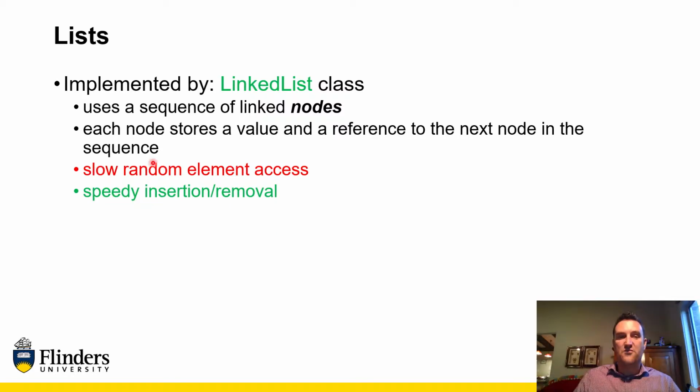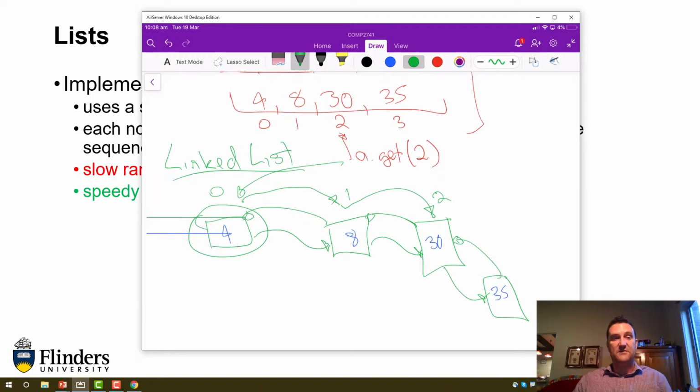So it has slow random element access. If I want to access any one of these elements, if I want to access the 500,000th element, I have to step through 500,000 of these nodes to get there. Whereas in an array list, I just say, give me the one at the 500,000th position, and it immediately goes to there.